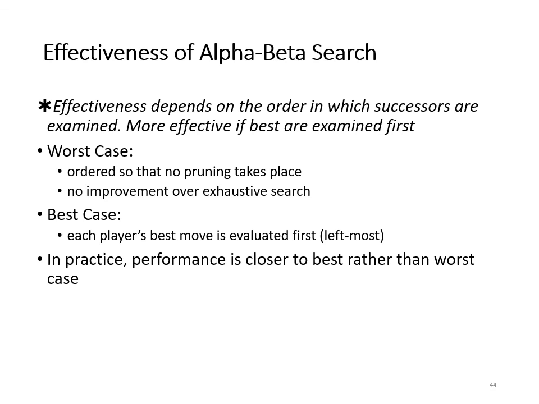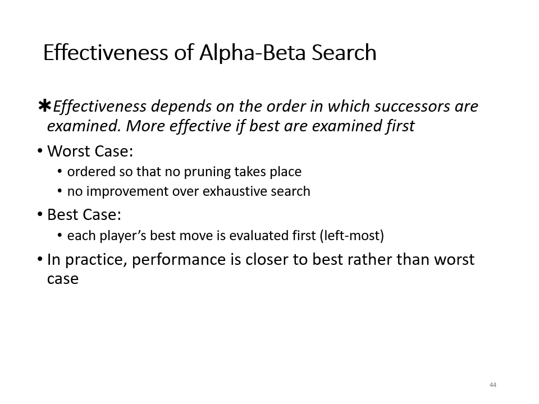So you can see the effectiveness of alpha beta search by this slide. Effectiveness depends on the order in which successors are examined. More effective if best are examined first. So we are examining best first, and leaving those branches which are not required.